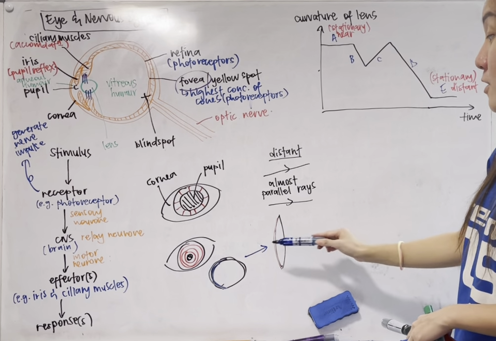So the function is: helps send nerve impulses from photoreceptors in the retina to the brain. You must specify. You don't tell me receptors, you don't tell me CNS. You must specify because you already know it's specifically your optic nerve.